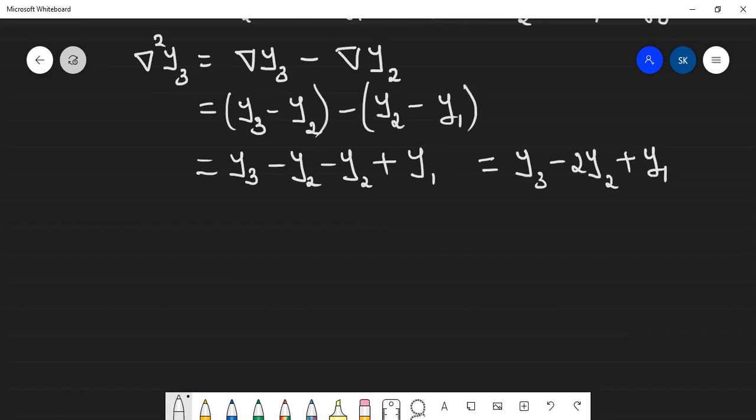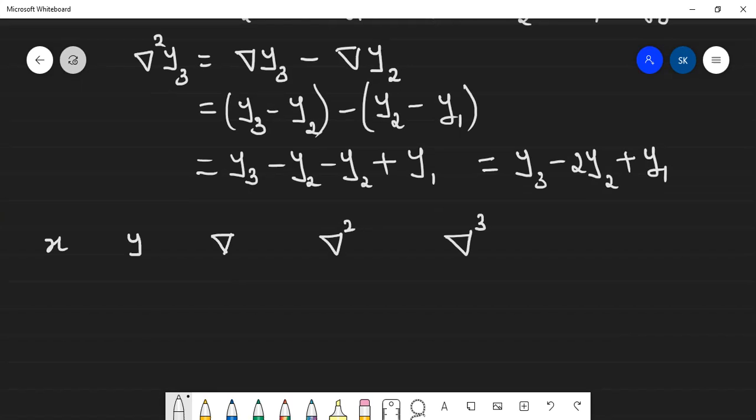Next, what we'll do is fill the values in the table. I'll show you the backward difference table. What all do we have in the table? We have the values of x, then the values of y, then first backward differences, then second backward differences, backward difference operator square, then third backward differences.